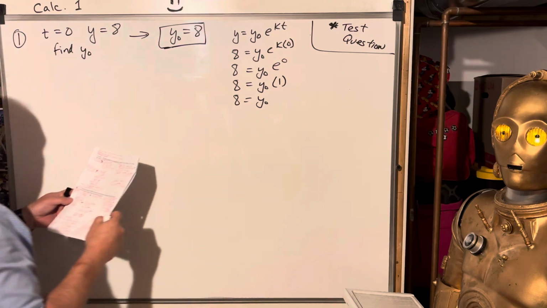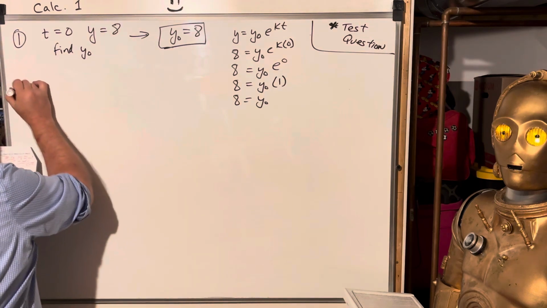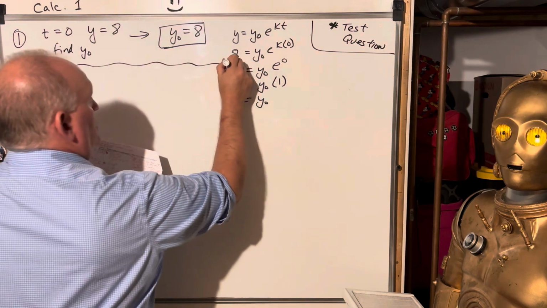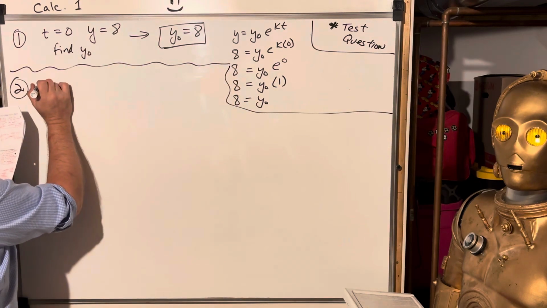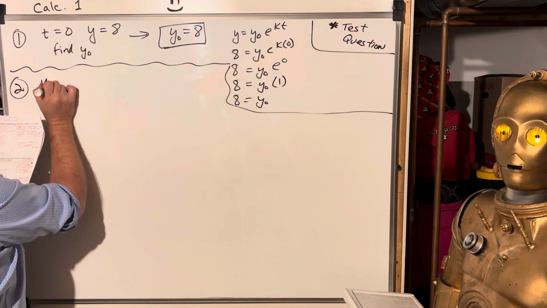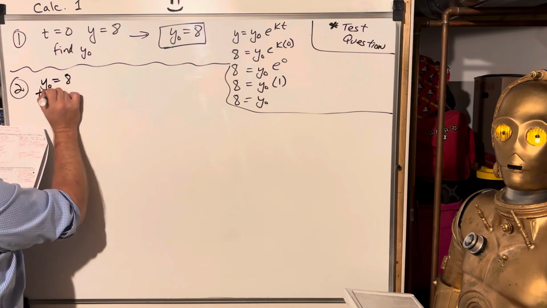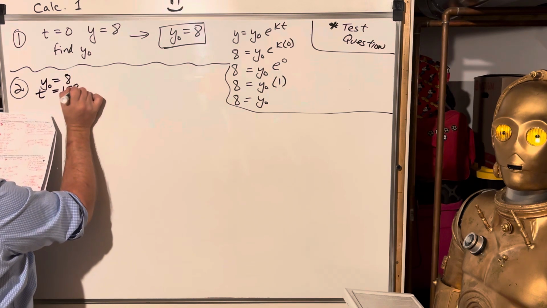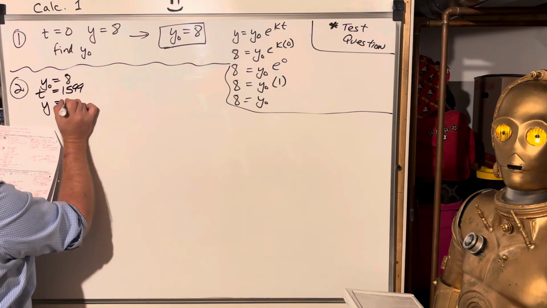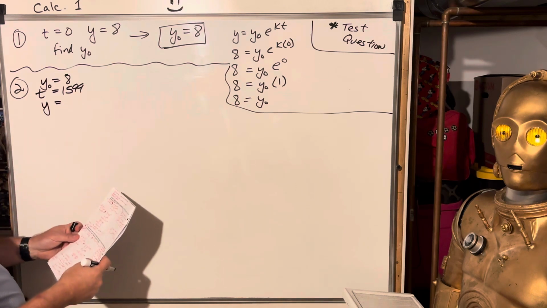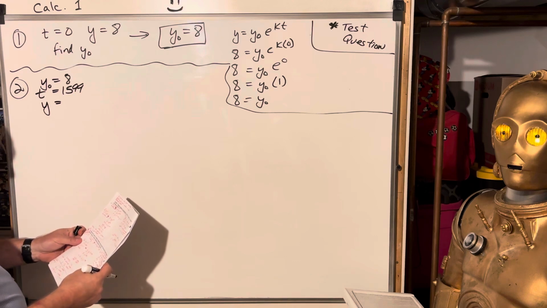All right, so now what do we have for number 2? We have y naught is 8. We know t is 1,599, and we know y is 4.